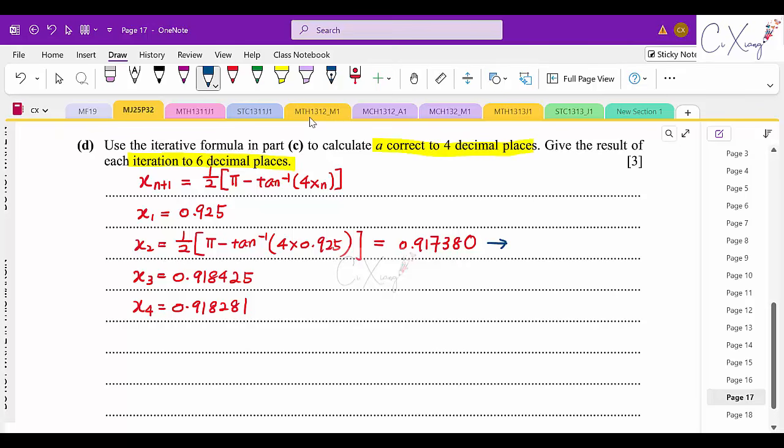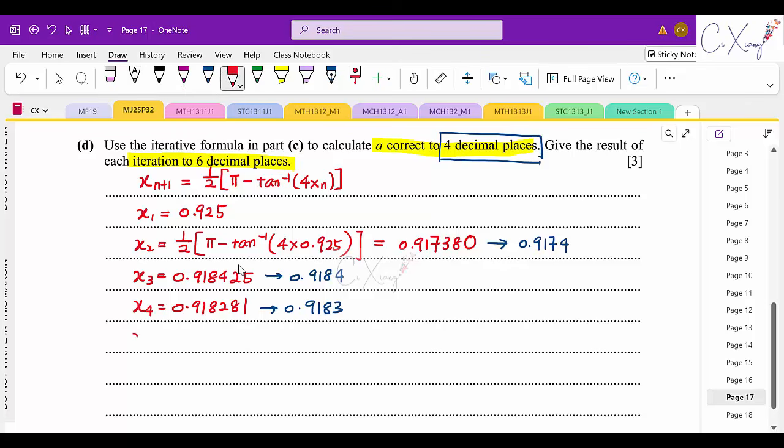According to this question, they're asking for answer up to 4 decimal places. So you check the 4 decimal places answer. For this one, you get 0.9174. Then the next one, you'll get 0.9184. Then the x4 will be 0.9183.